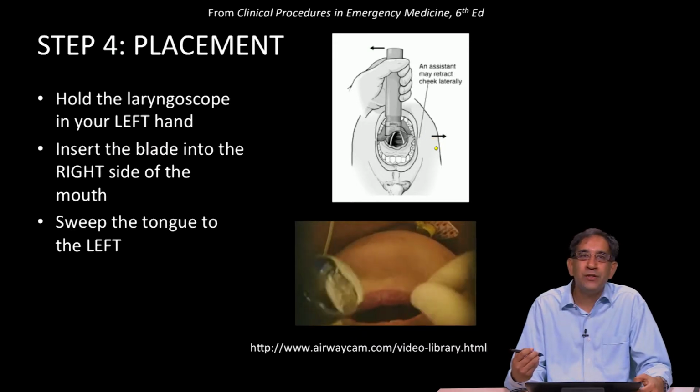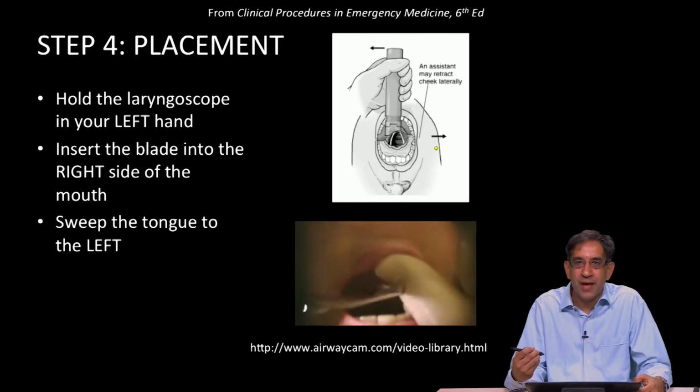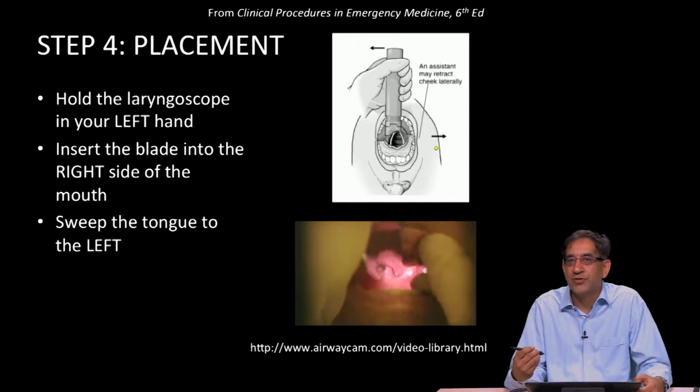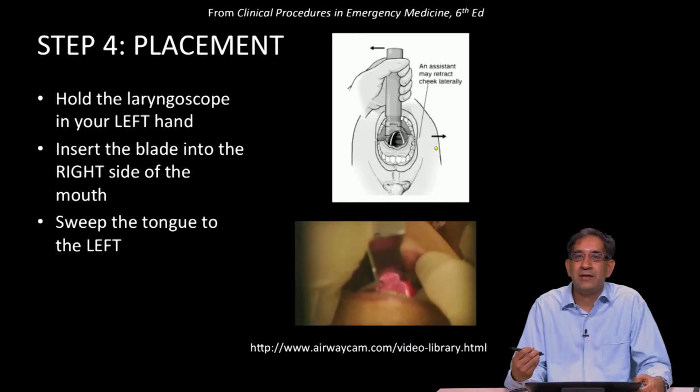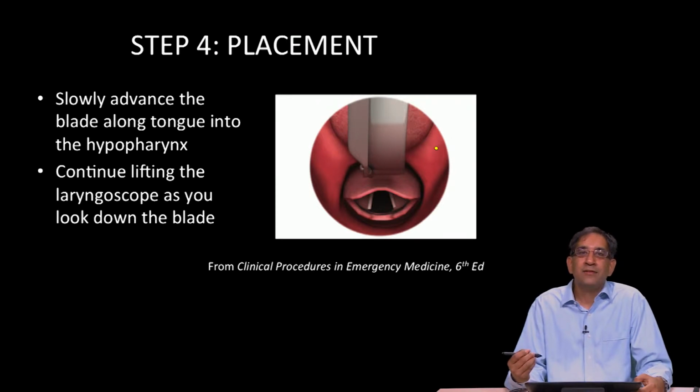So again, holding the laryngoscope in your left hand, using the scissors technique to open the mouth, as I mentioned, insert the blade into the right side of the mouth, and then you're going to sweep that tongue over to the left-hand side. Great. Then you're going to slowly advance the blade along the hypopharynx and lift the laryngoscope as you look down the blade.